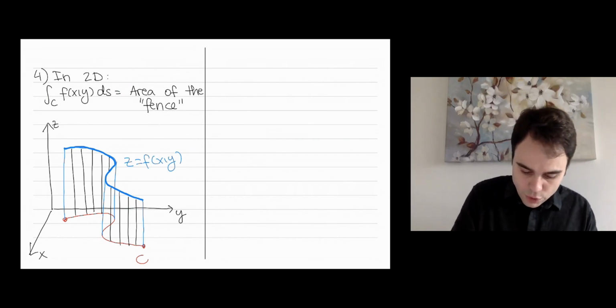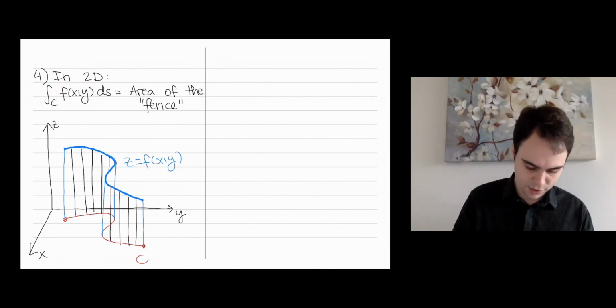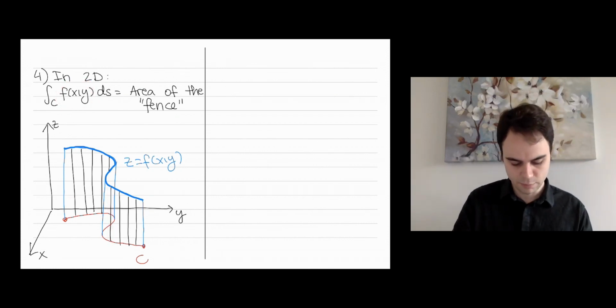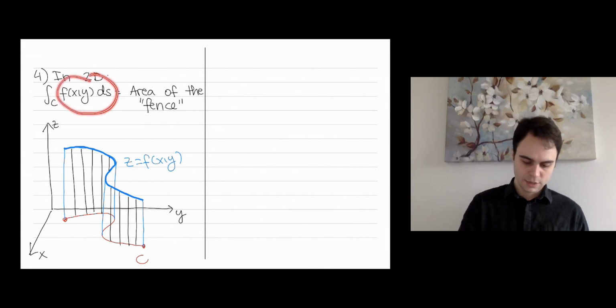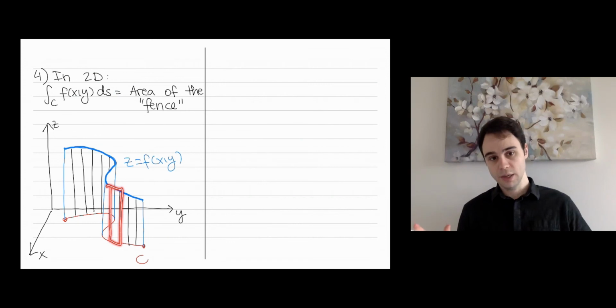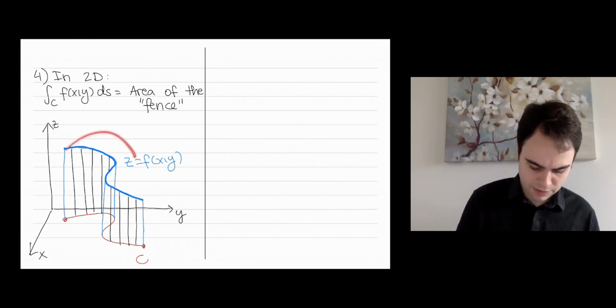Then we multiply ds, the length of a small segment, by f, which is very approximately the height of this fence, the height of this rectangle. So f times ds gives me the area of one of these rectangles, and when I add all of them, when I do the Riemann sum, I get the area of this fence in the end.